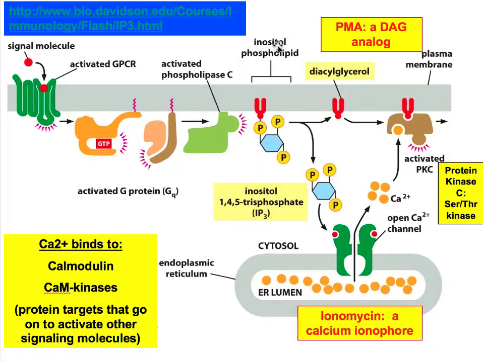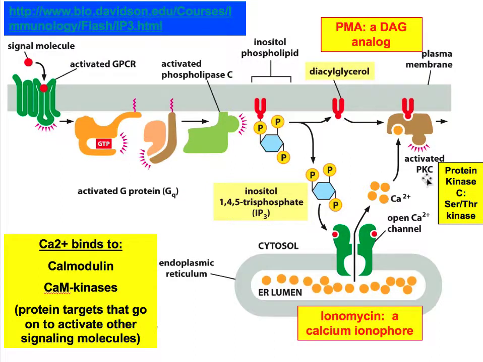Once the inositol phospholipid has been broken up into 2 parts, both parts play a role in activating the activity of this cell. The DAG, diacylglycerol, is an important constituent when it comes to binding to a target protein. So this brown protein here needs 2 partners. It needs the DAG and it needs the calcium before it becomes activated.